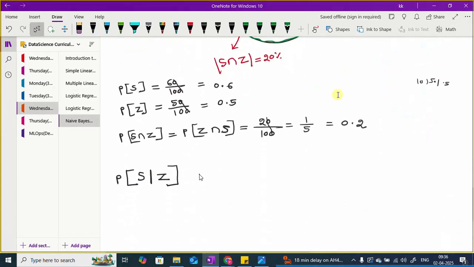This is nothing but the probability of Swiggy intersection Zomato, with the probability of Zomato in the denominator.